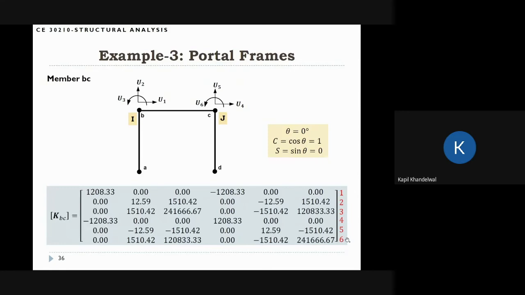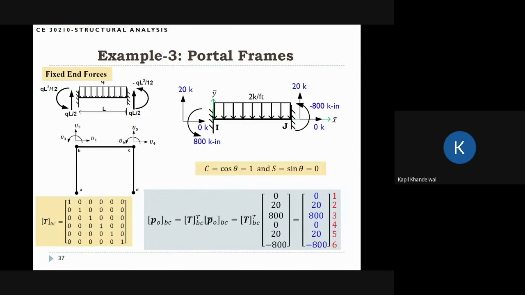The ordering is very simple here, and we will need all these coefficients from this element. We also have to calculate the fixed end forces for this element, because there is some distributed load acting on it. Again, this is the calculation of fixed end forces.